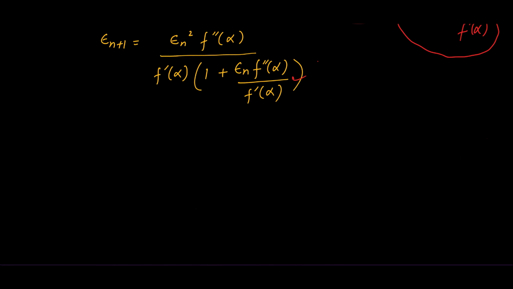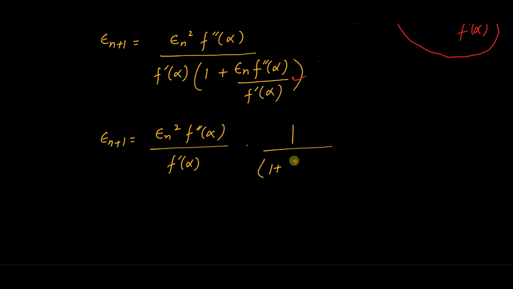For that case I am simplifying it more: f double prime of alpha over f prime of alpha. So here we have 1 over 1 plus epsilon n f double prime of alpha over f prime of alpha.